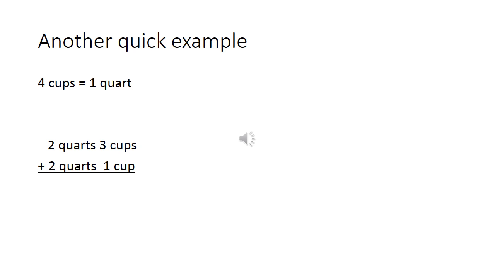Okay, for the second example, we're going to go quite quickly, but we're going to move between cups and quarts. Now, if you remember 4 cups is equal to 1 quart, we may end up with the same problem again. In the example, we have 2 quarts, 3 cups, plus 2 quarts and 1 cup.